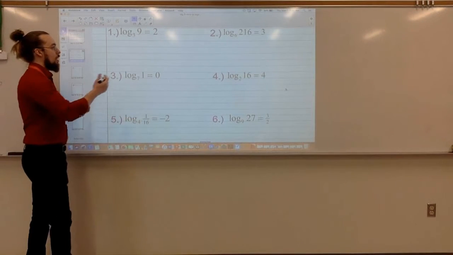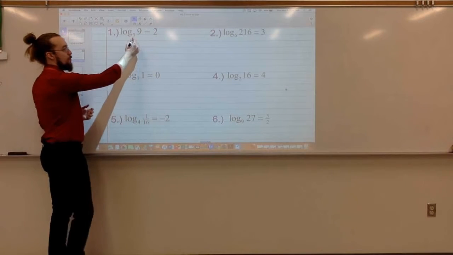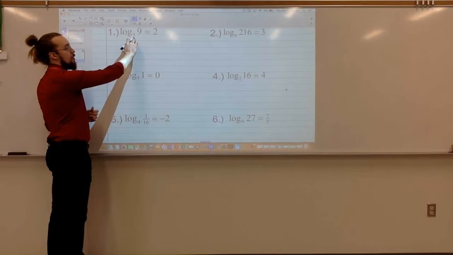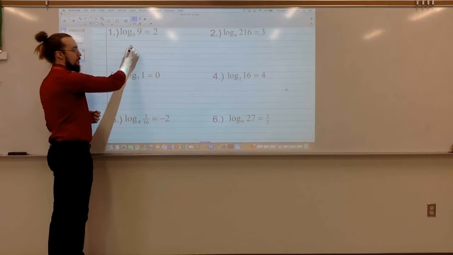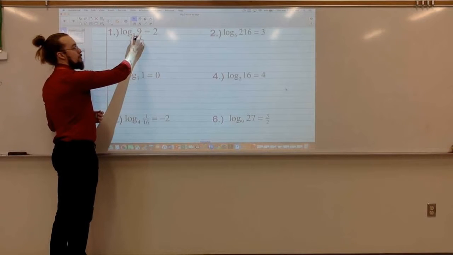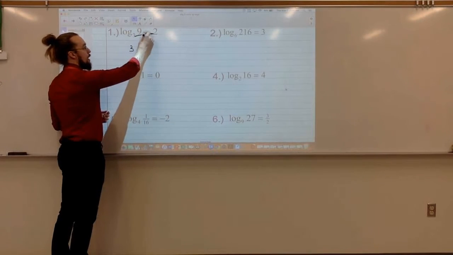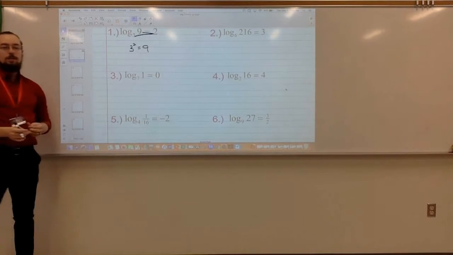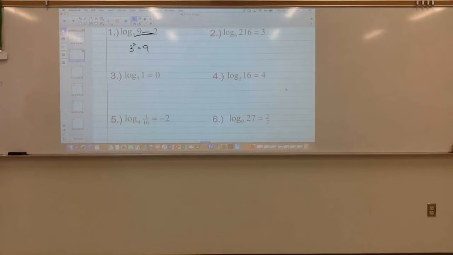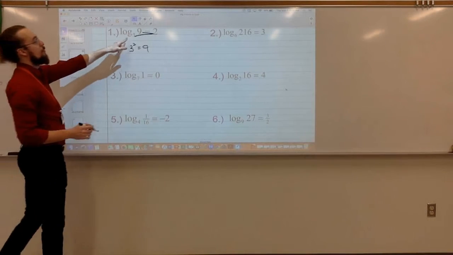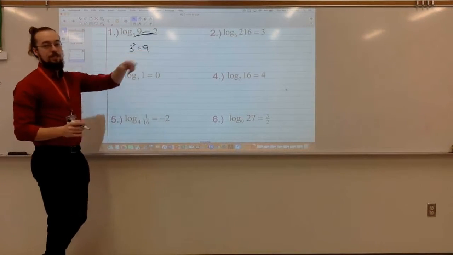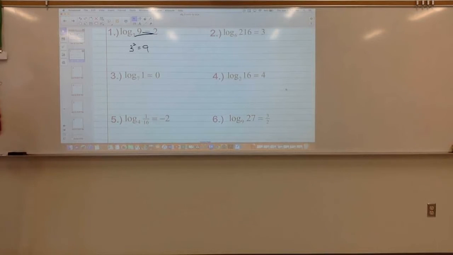The base of the log becomes the base of the exponential, so we would say 3 to the second power equals 9. That's how we would convert this logarithm into exponential form. The base of the log becomes the base of the exponential, and then whatever the log is equal to is the exponent.